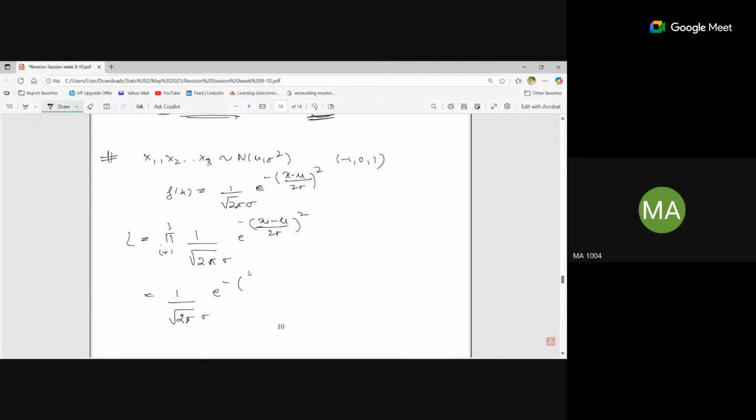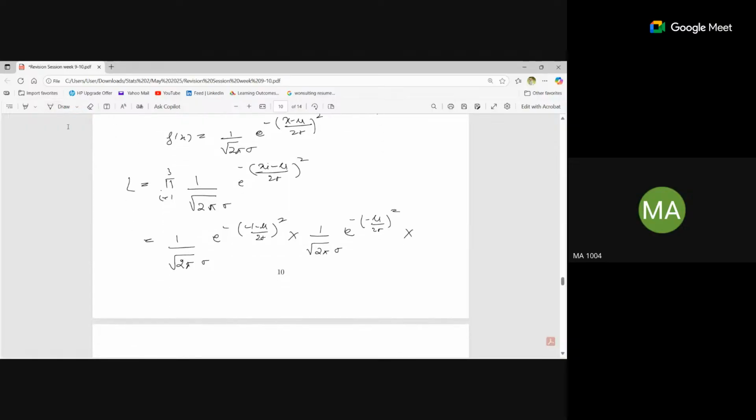The first value is 1, so this will be 1 upon root 2 pi sigma, e raised to the power minus (1 minus mu) whole square upon 2 sigma square, times the same term for the next value, times 1 upon root 2 pi sigma, e raised to the power minus (1 minus mu) whole square upon 2 sigma square, correct?